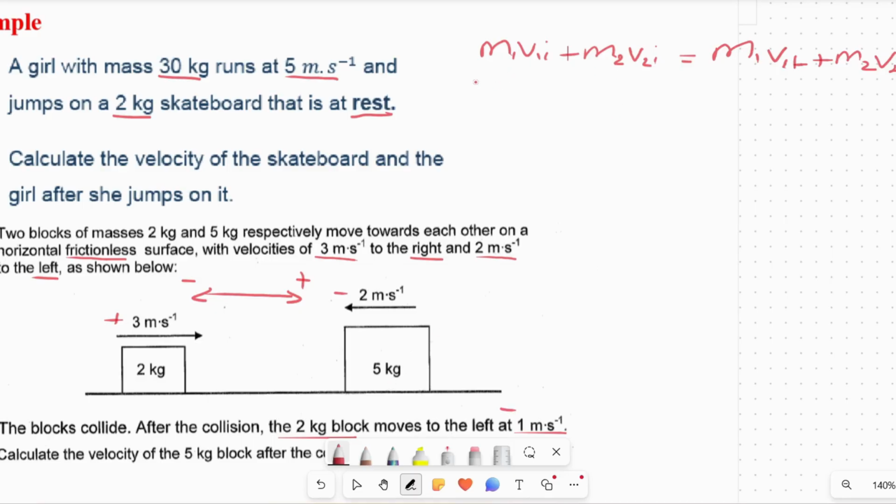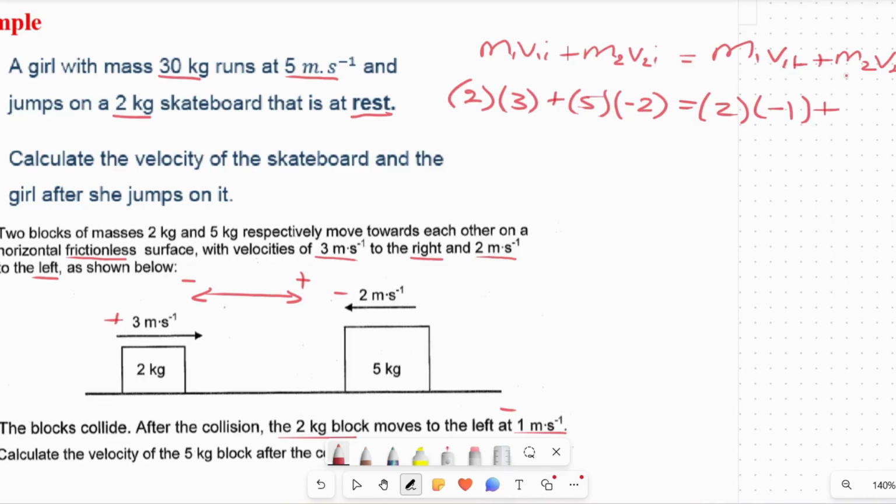So as I'm substituting here, number 1 is 2 kilogram, then it's going to be 3, plus number 2, which is 5 kilogram, then it's going to be minus 2. That equals number 1, which we said is 2 kilogram, and they told us that it's moved to the left now, so it's going to be minus 1.